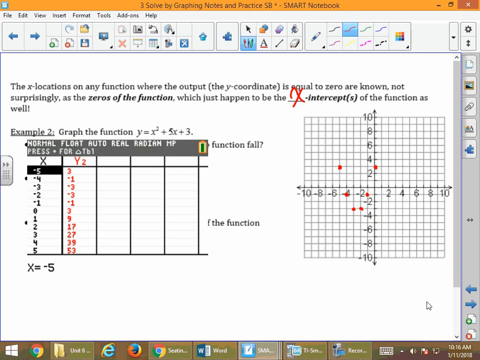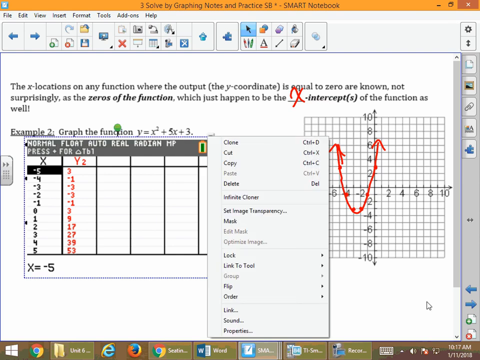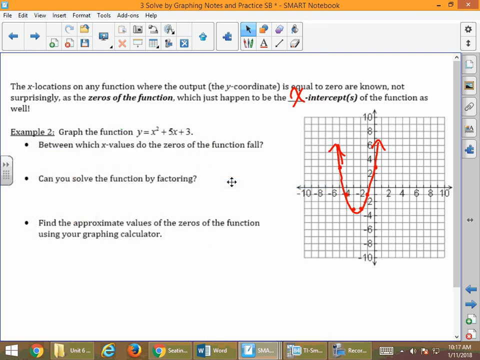So that's where I'm going to draw the vertex on here and try to do a little bit better picture than I did last time. So there roughly is what our picture looks like. We've got some key points on there. We don't have the vertex on there. And I simply use my table.